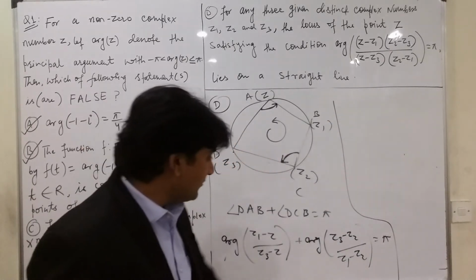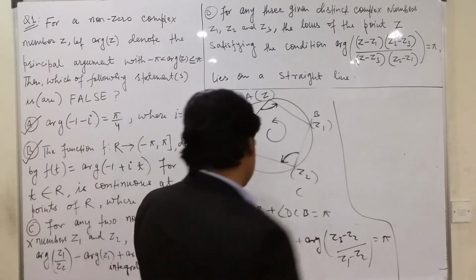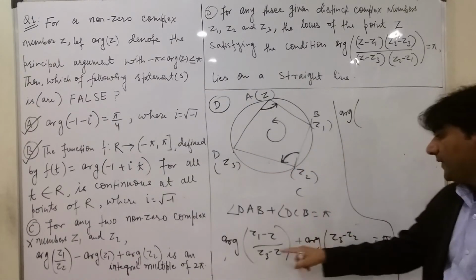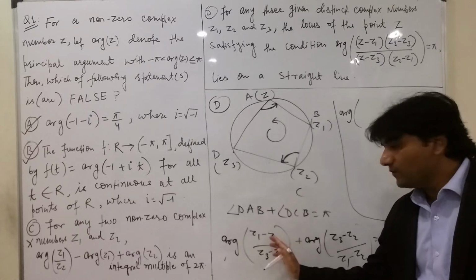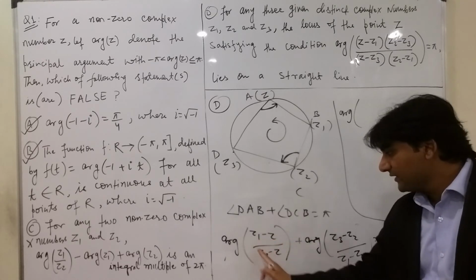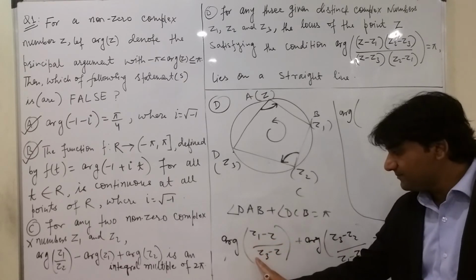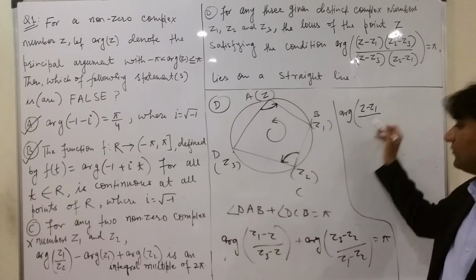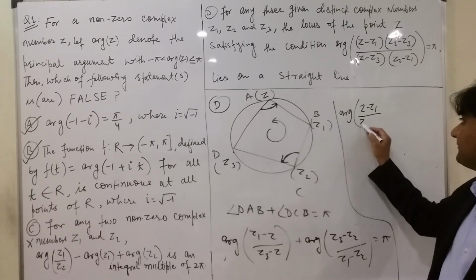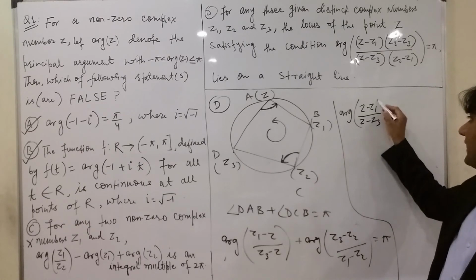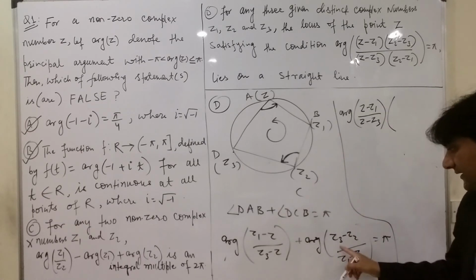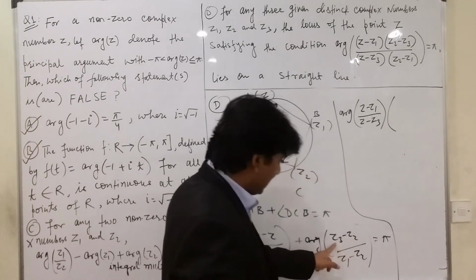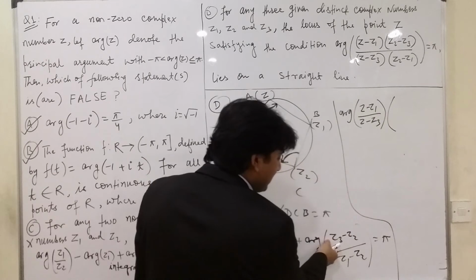With the help of the log property, we can combine. So we will have argument of z1 minus z. One thing you can do, take minus out here, minus and plus, it will be z minus z1. So I can write z minus z1 over z minus z3. Then times z3 minus z2; instead of z3 minus z2, I can write z2 minus z3, and a minus will be here.